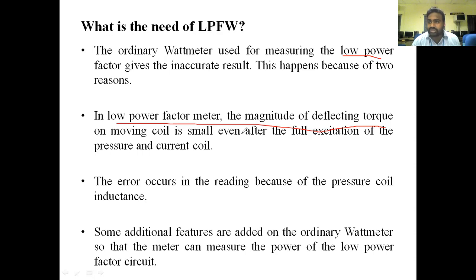But in the application of reading low powers, the deflection torque of the moving coil is very small. We can't reach the full scale deflection. That means the full scale excitation of the pressure coil and current coil doesn't represent the values of the current coil and voltage coil, and this creates a certain amount of error at low power values.